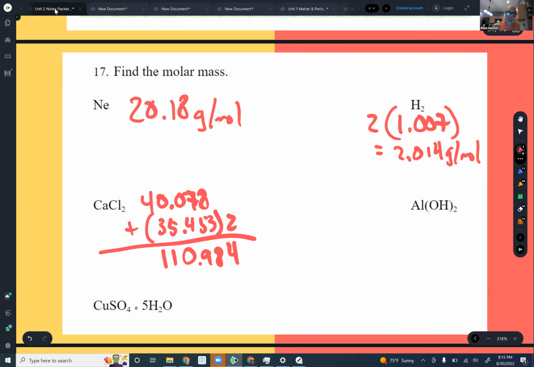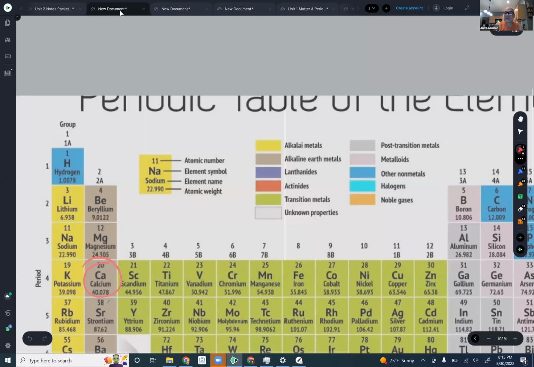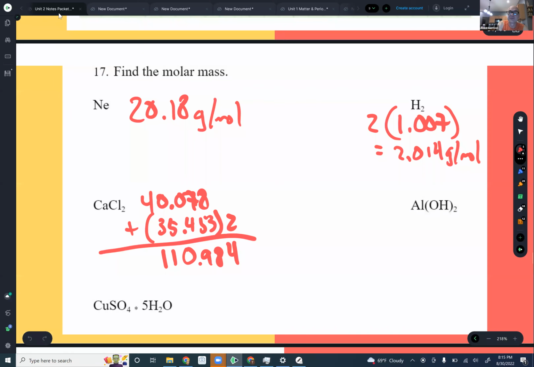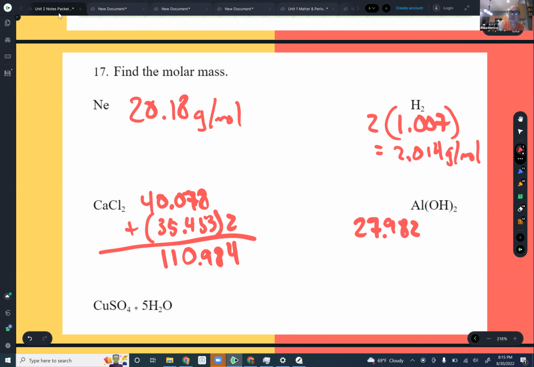Let's do, well, I got 2 more to go. Aluminum. The weight of aluminum is 27.982. The weight of 2 oxygens, 15.999. The weight of 2 hydrogens.